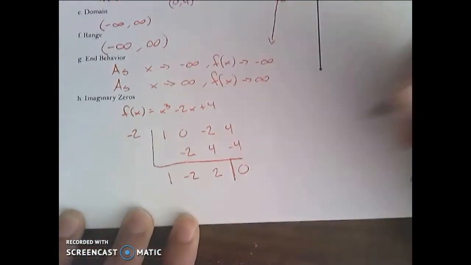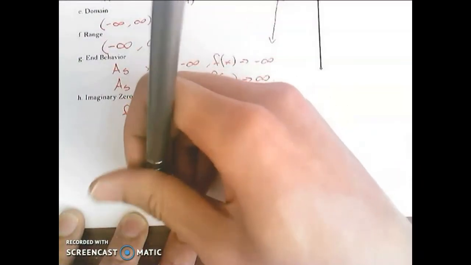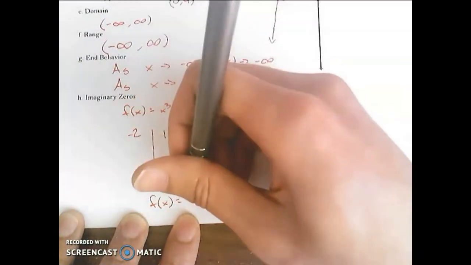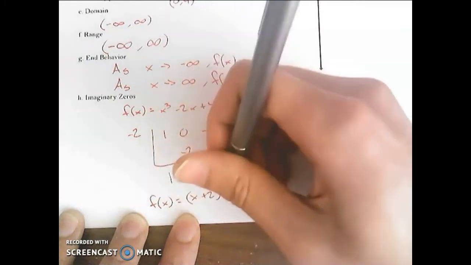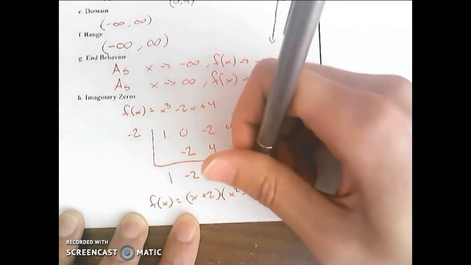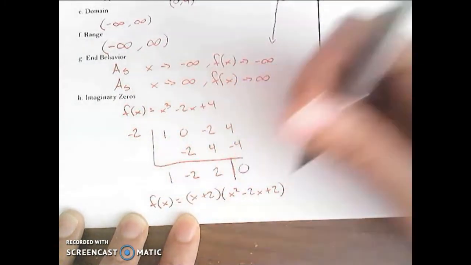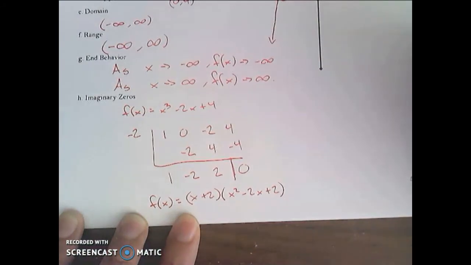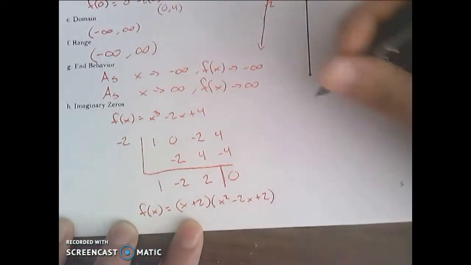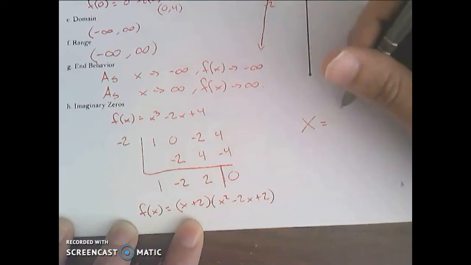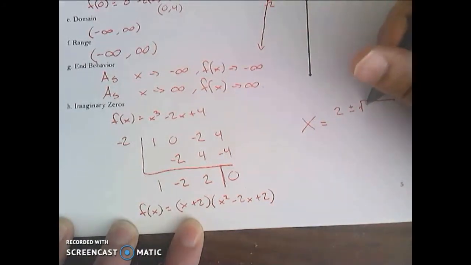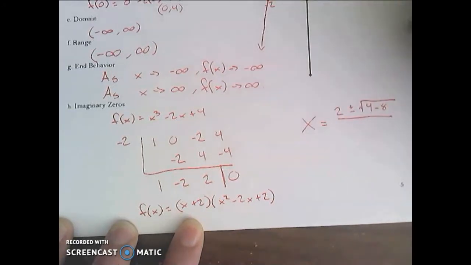So then we can rewrite the function using its factorization, x plus 2 and x squared minus 2x plus 2. In order to find its imaginary zeros, we use the quadratic formula, x equals negative b plus or minus the square root of b squared minus 4ac, so 4 times a times c is 8, all over 2 times a.